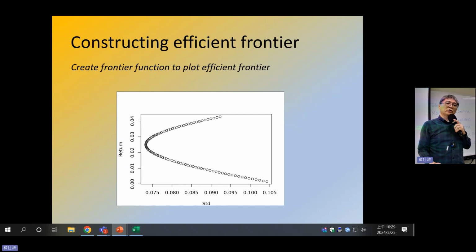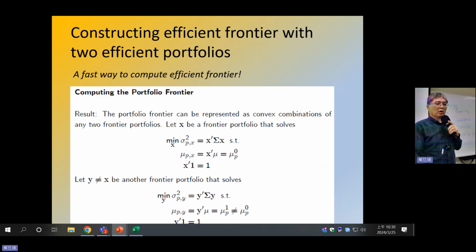This is one way to generate the efficient frontier, but there is another way. This is a fast way to compute the efficient frontier based on theory.